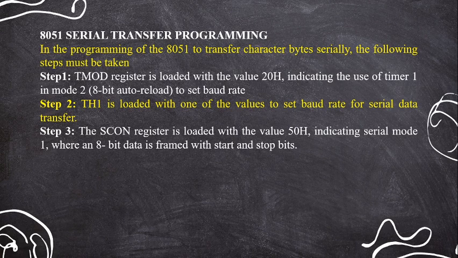Next, we're going to write the SCON register, as we discussed, the serial control register. It is used to assign the mode of data transmission. How would the data be transmitted? Using mode 1, so we are writing a value of 0, 1.